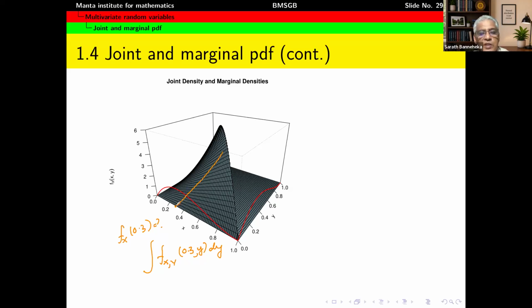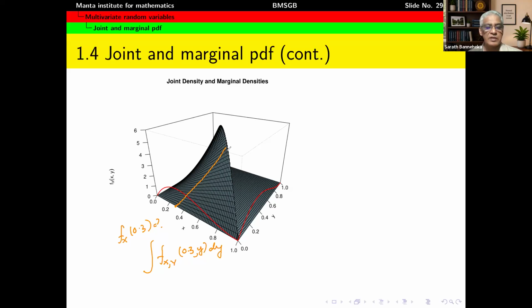whatever curve or straight line you get if you cut this surface vertically at x equal to 0.3, right? If you cut this surface vertically at x equal to 0.3, you will get some function here. If you look from this side, the y-axis side, you will see a certain curve.